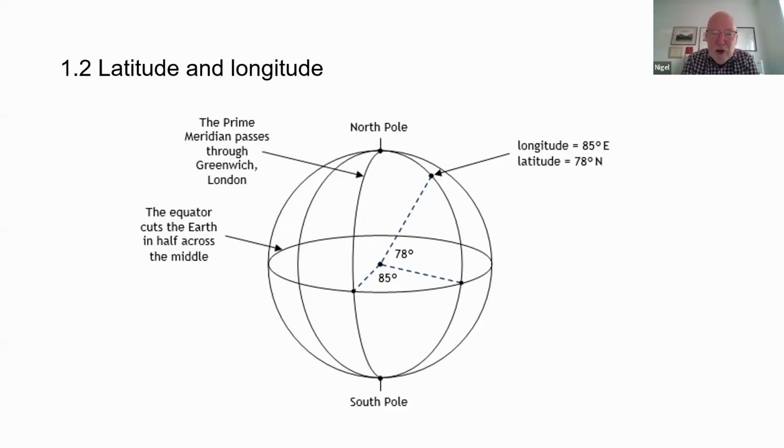But the zero of longitude is what we call the prime meridian. And that is the line of longitude through Greenwich, through the observatory in Greenwich. I suppose the English astronomers in those days said, well, we sort of found a way to determine longitude, so let's have the zero of longitude here in Greenwich.